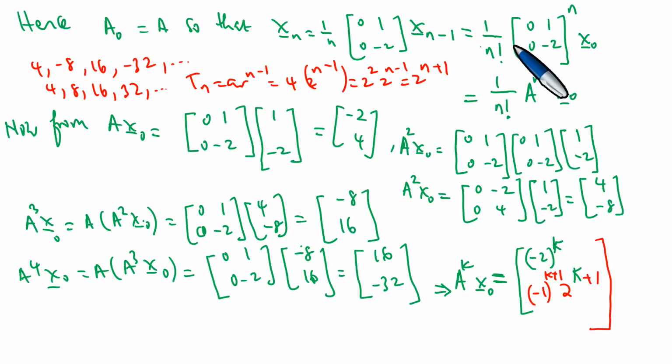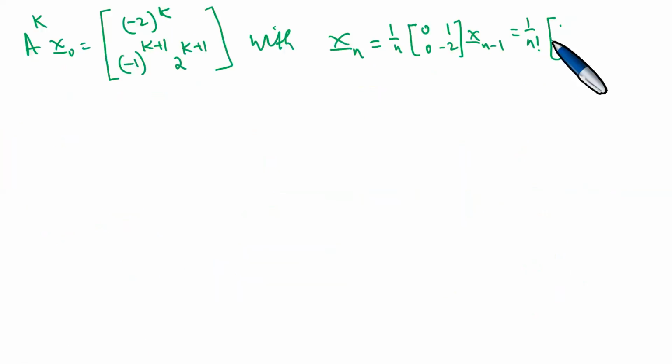I'm writing this step, so it is this and it is that. So it is 1 over n factorial, then it is 0, 1, 0 minus 2, raised to the power n, then x sub 0. And then it is 1 over n factorial, which is a to the n x0.